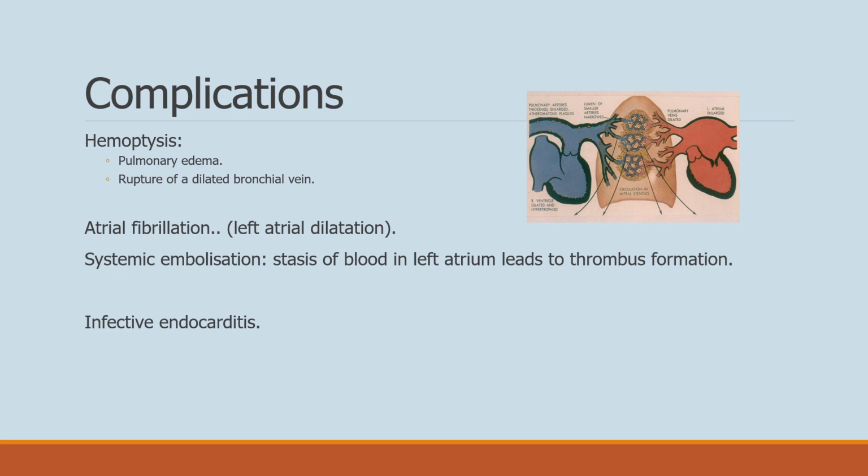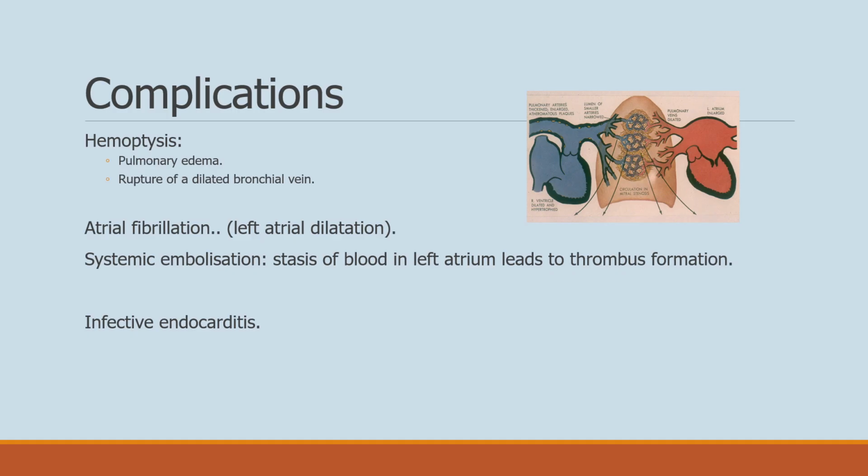Another complication when you have a dilated, stretched left atrium is that you develop atrial fibrillation. Now, the problem with atrial fibrillation, as we said, is that you lose the atrial kick, the atrial booster function is lost. However, more important is that with atrial fibrillation, you develop stasis of blood in the left atrium.